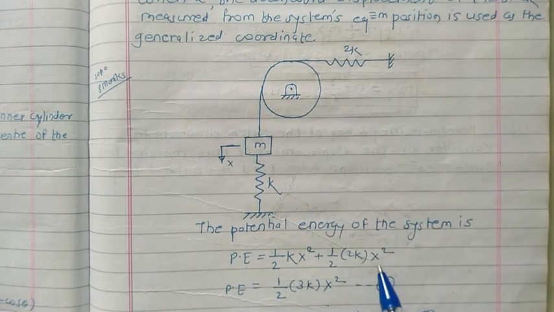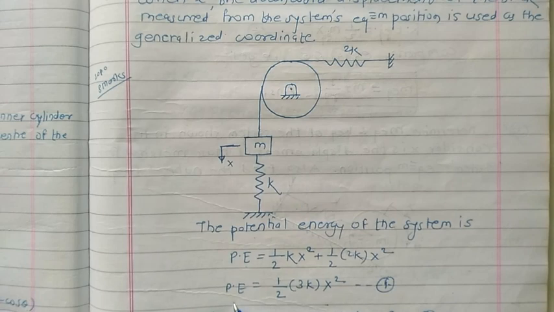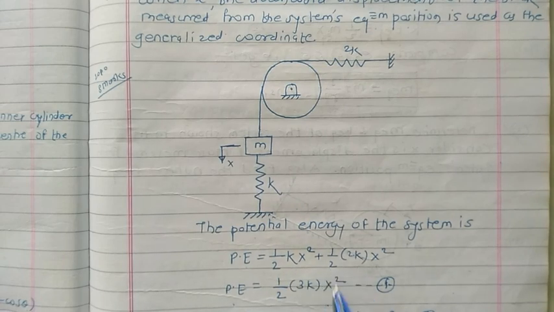So the potential energy of the system is one half times x squared times (k plus 2k), which is 3k. Give this equation number 1.